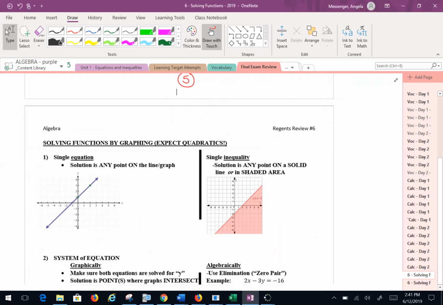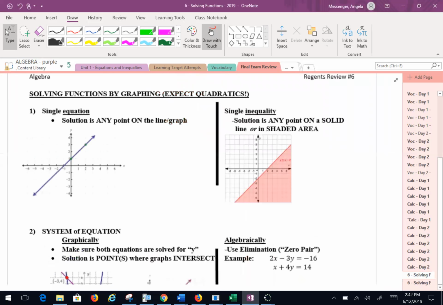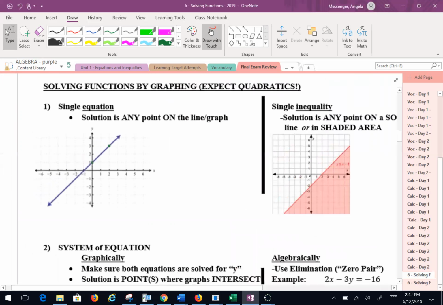So again, you guys have solved the equations and inequality since then, but again, that was in the beginning of the year. The next one's talking specifically about functions, and when I look at solutions, when I'm basing them on graphs, okay? So when you're talking about just a picture of a graph, where do we find solutions? On the line, okay? So if it's just a single linear equation, or any equation for that matter, if we're talking about a solution, it's any point on that line, okay?